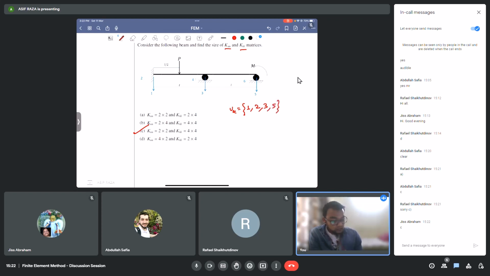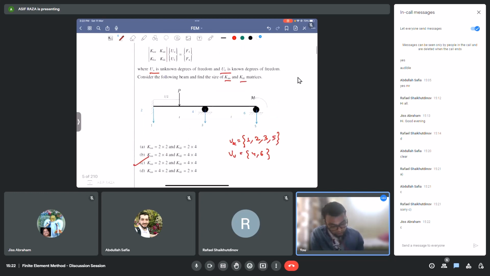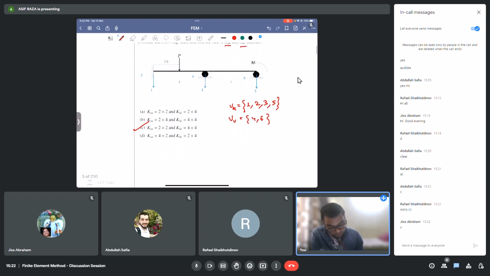So these are known degrees of freedom, and the unknown degrees of freedom are 4 and 6. Now the size of UK is 4 by 1.